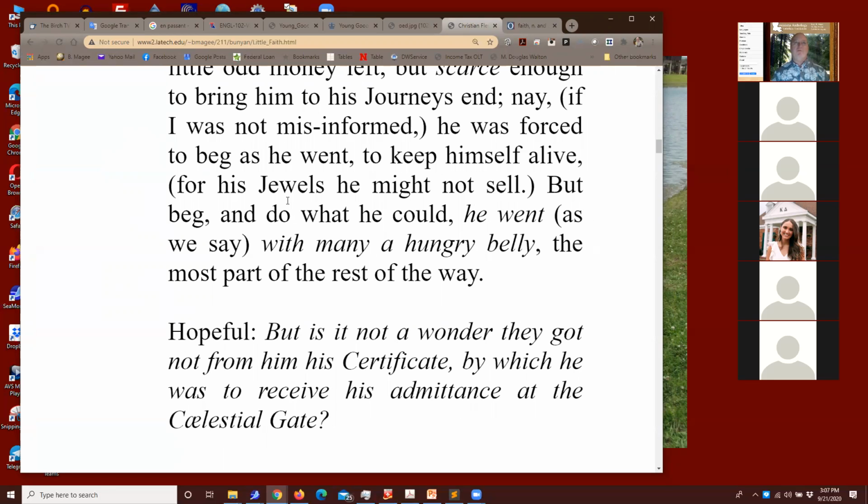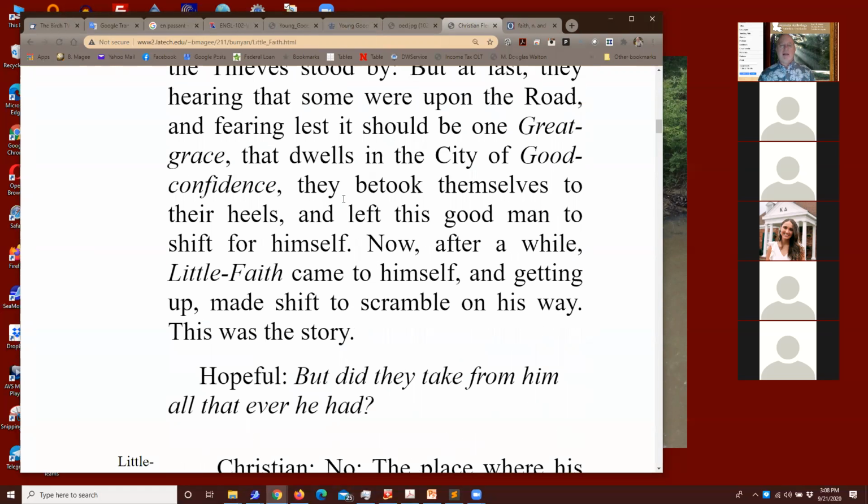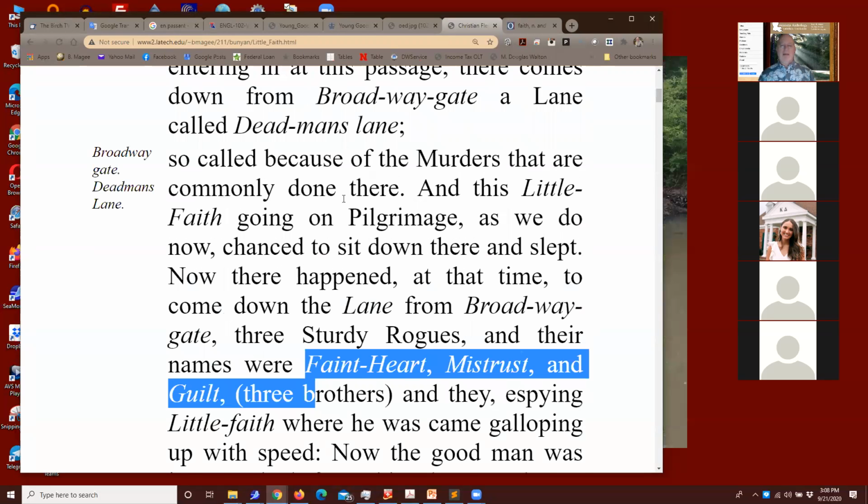His children put on skits from Pilgrim's Progress to entertain him and his wife because, hey, no radio, no TV, no record player. You got to do something. And he also had written another kind of parody of Pilgrim's Progress. So this, I became convinced, was where he got his idea about little faith.